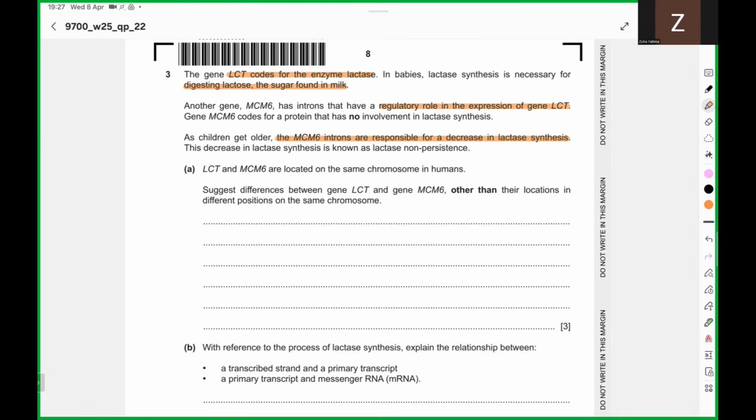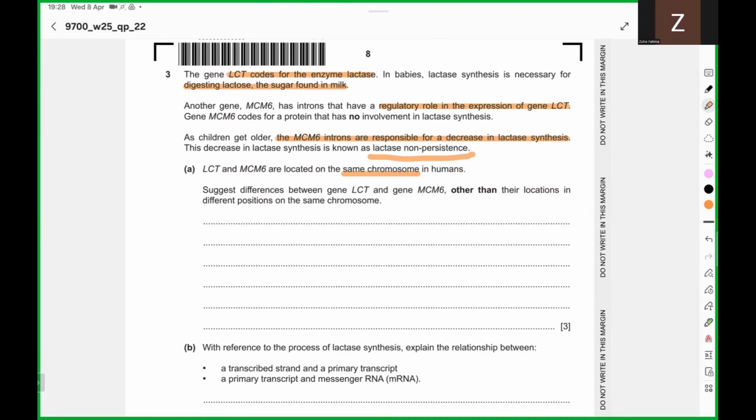So, with age, the MCM6 introns are responsible for a decrease in lactase synthesis. This decrease is also known as lactase non-persistence. LCT and MCM6 are located on the same chromosome in humans. Suggest differences between gene LCT and gene MCM6 other than their locations and different positions on the same chromosome.